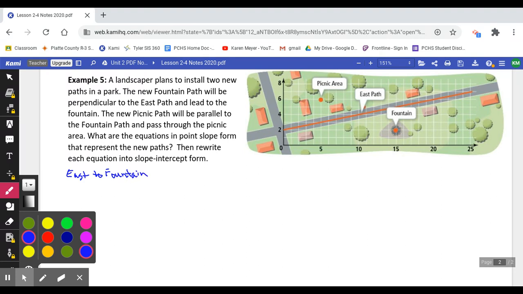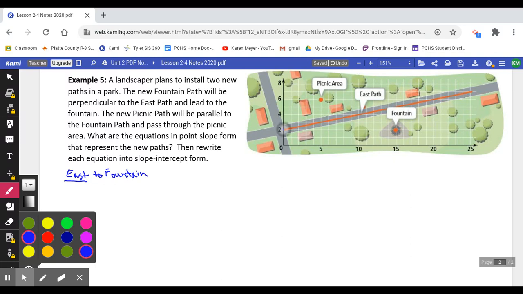To help me with the slope, I'm going to get the ordered pairs. I'm going to start with east only. For the east, that's a red line drawn in for you here.